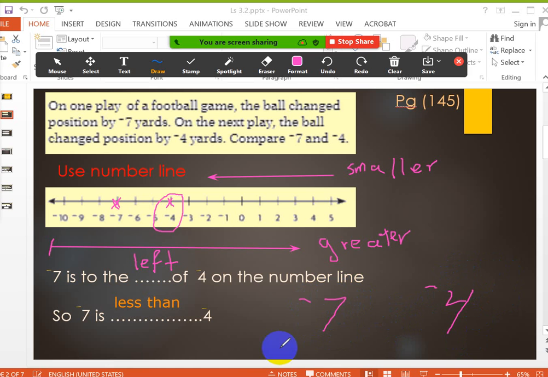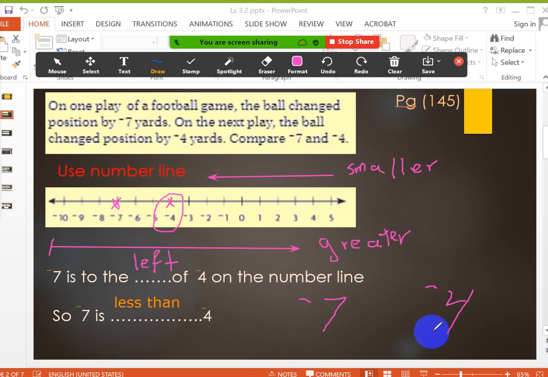That means the value of -7 is smaller than the value of -4. In negative integers, I have the opposite strategy.